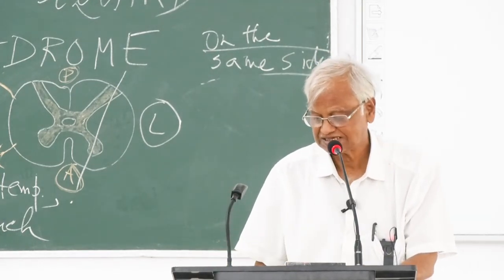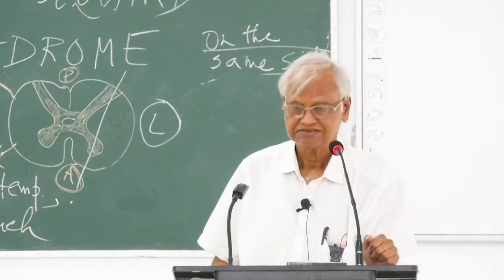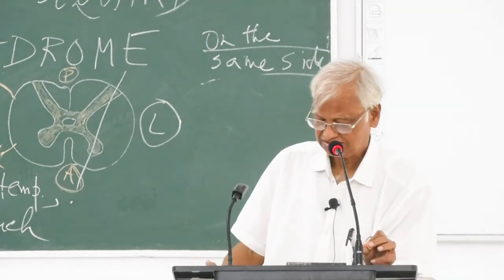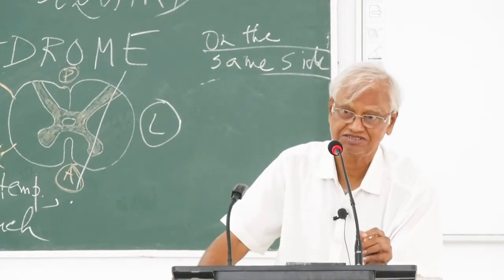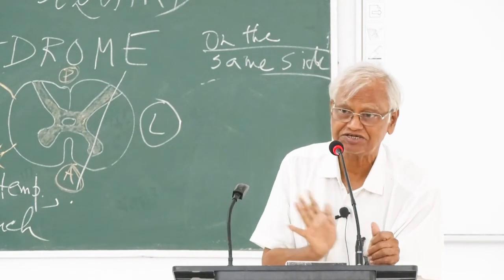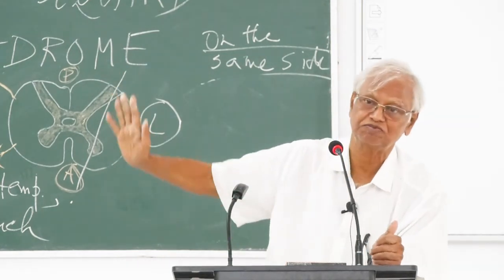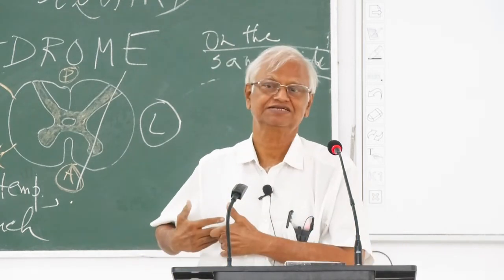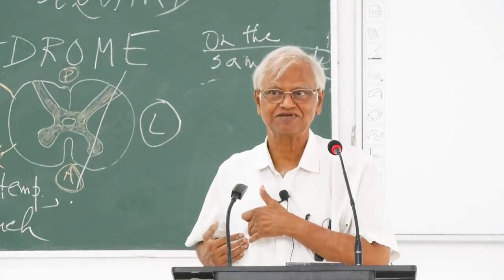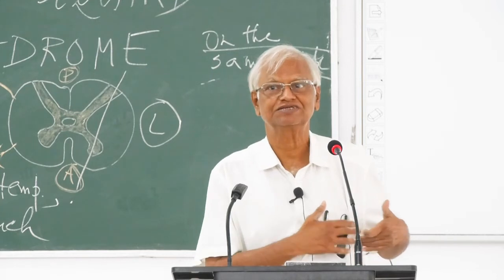Opposite side, pain, temperature, crude touch are lost because these fibers go to the opposite side immediately after entry to the spinal cord. Left side sensation fibers go to the right side, and right side sensation fibers go to the left side.